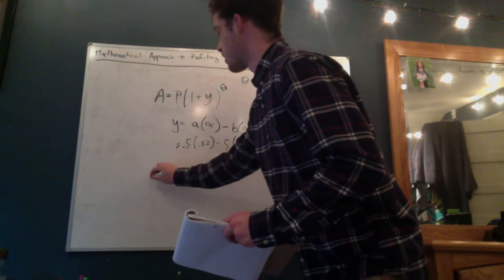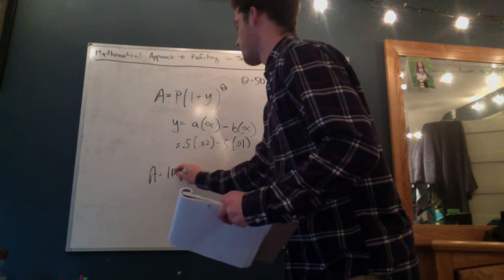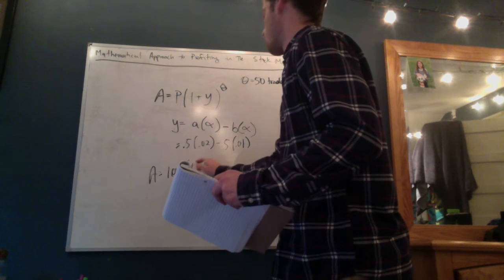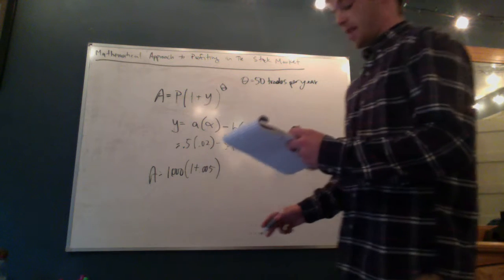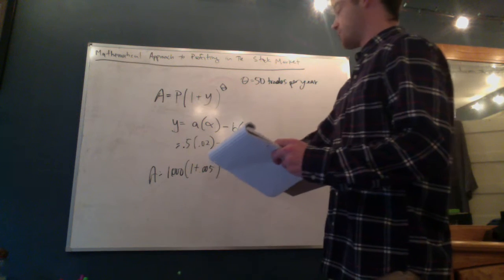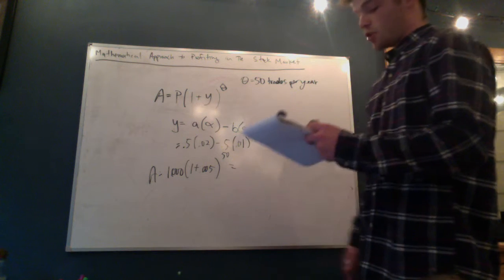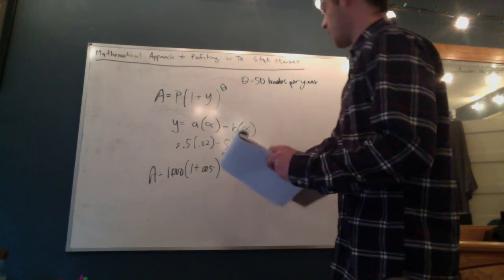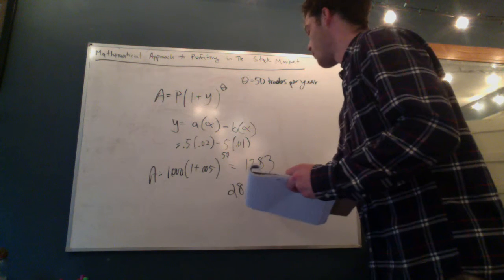So A is going to be 1,000 again. This time it's going to be 1 plus 0.005, and again, we're trading about once a week, so call it 50. So in a year, you can still expect to get 28.3%.